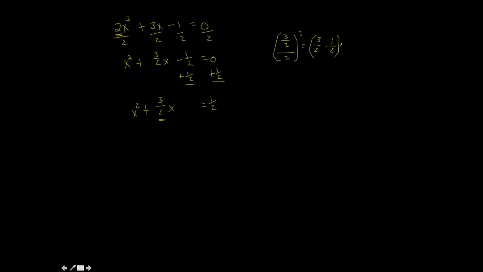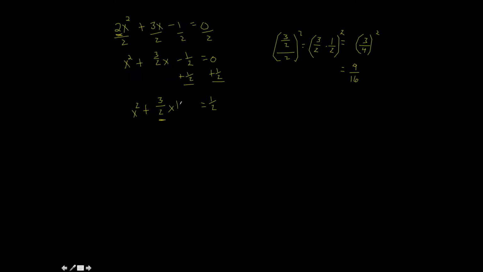Remember, dividing by 2 is the same thing as multiplying by the reciprocal of 2, which is 1/2. So these are one and the same. People just for some reason respond better when it's written in this form. So this is 3/4 squared, which is 9/16.